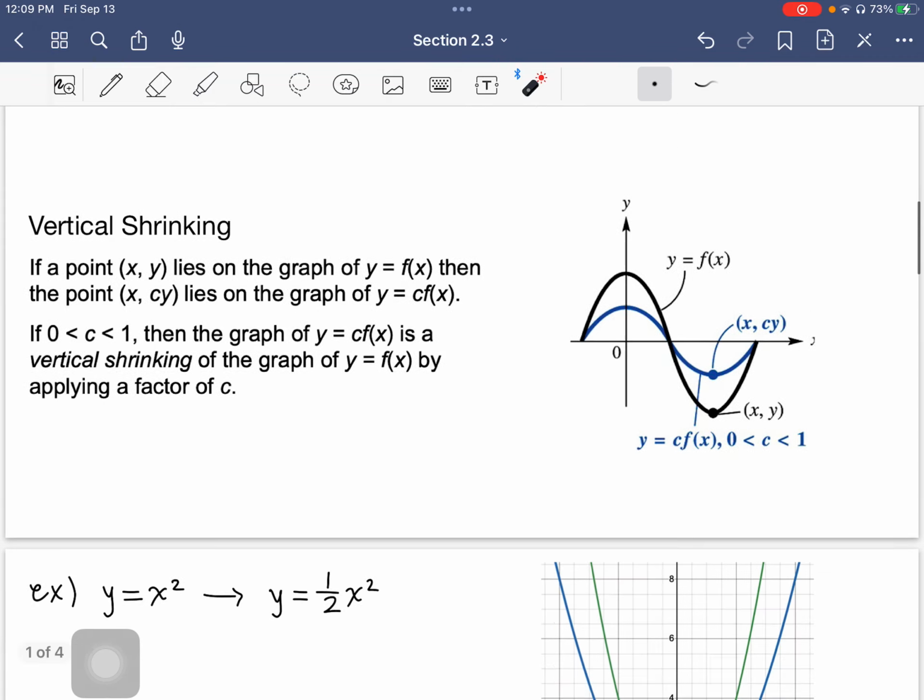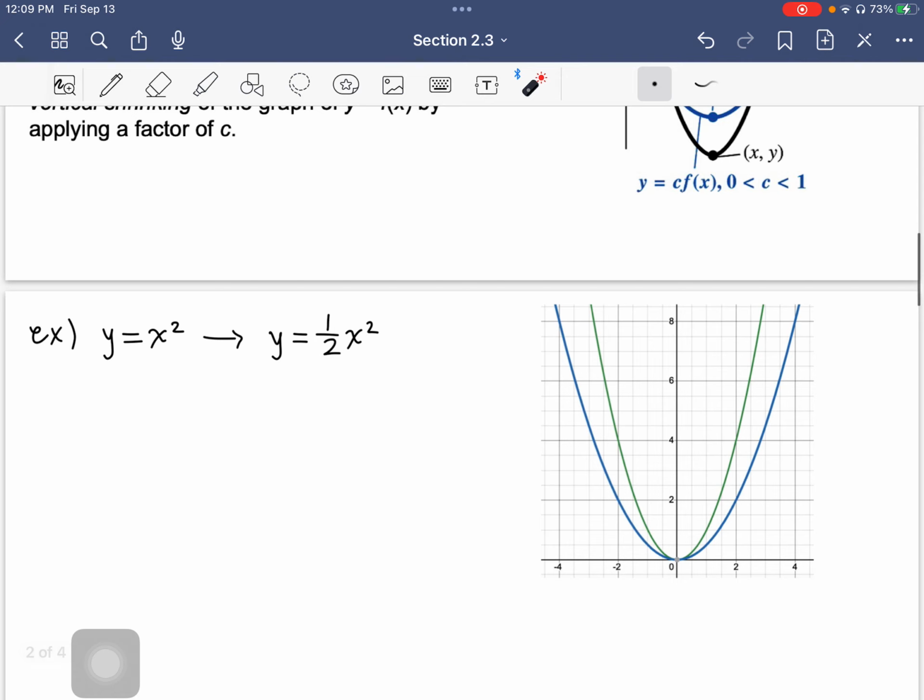Okay. So let's look at another example with this parabola here. We have y is equal to x squared, and that is given by this green parabola here. I'll label that. And then the blue one is our new graph, where we are applying a factor of 1/2 to our original function.